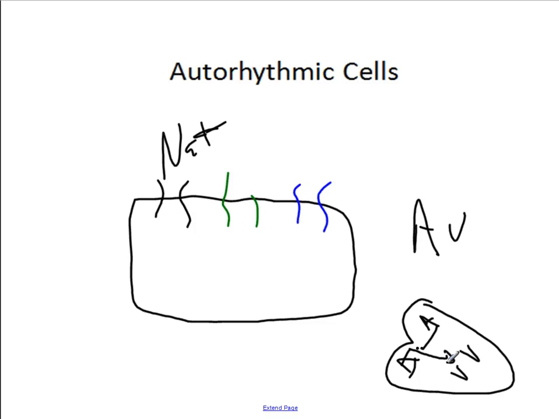Because the more blood the ventricles fill with, the more blood that can be pumped out of themselves. So that's something to keep in mind. These autorhythmic cells, even though they look different and behave differently, have essentially the same channels that a cardiac muscle cell would have.